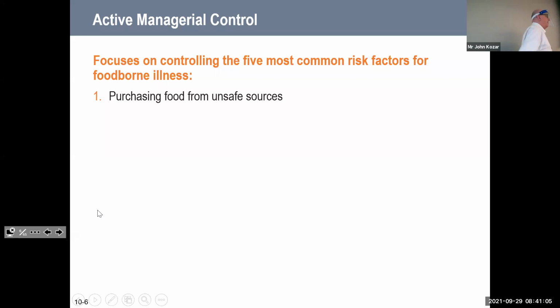So, you can remember back to chapter 1, we talked about purchasing food from unsafe sources as being one of the 5 common risk factors for foodborne illness. Failing to cook food adequately. So if you don't take it to the correct minimum internal temperature. If we're cooking hamburgers, what's the minimum internal temperature? It's not 165, it's 155.